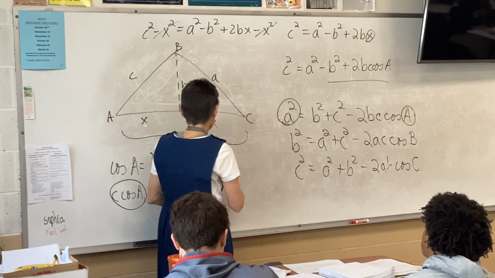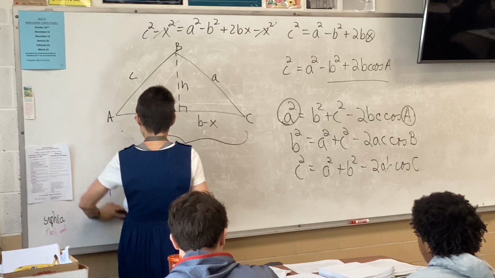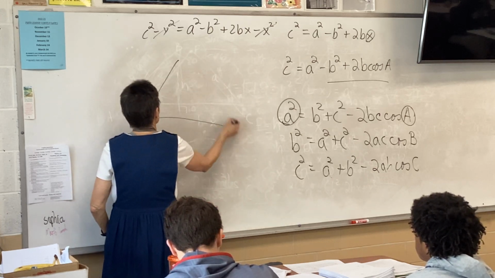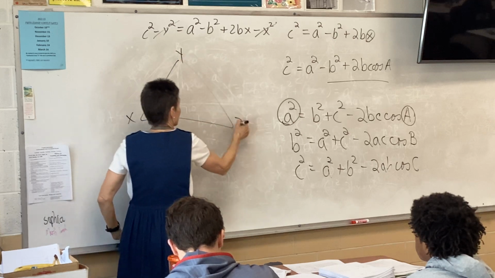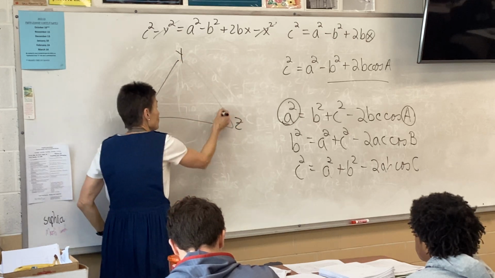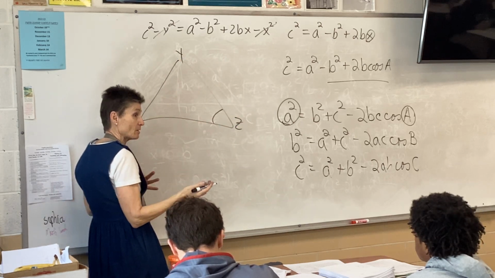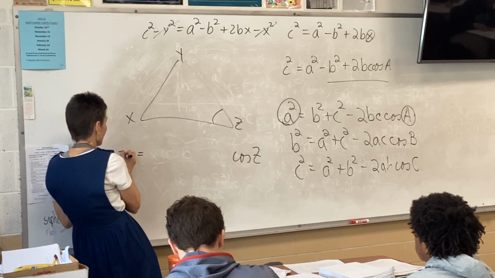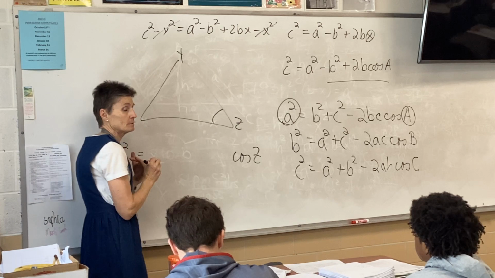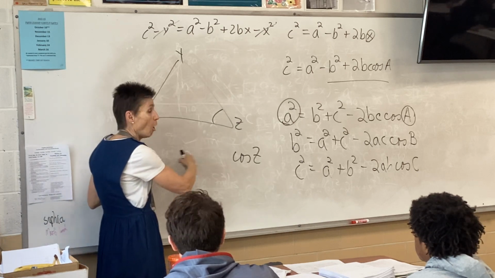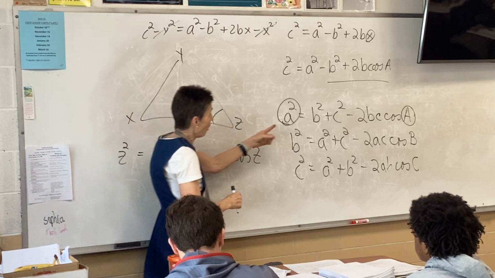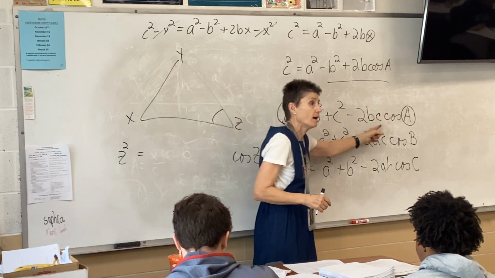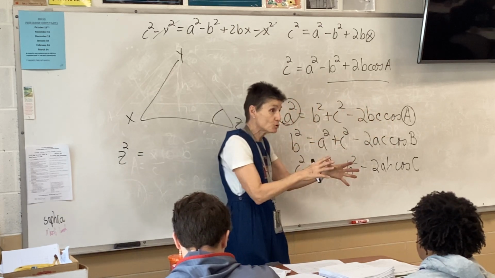So if I had a triangle that was XYZ, if I were doing my work with angle Z, I'd have cosine Z out here, then over here would be Z squared. Now, what's all the rest of it? Well, all the rest of it is a combination of the other two sides.